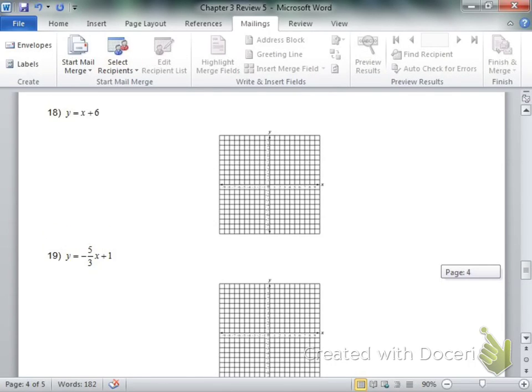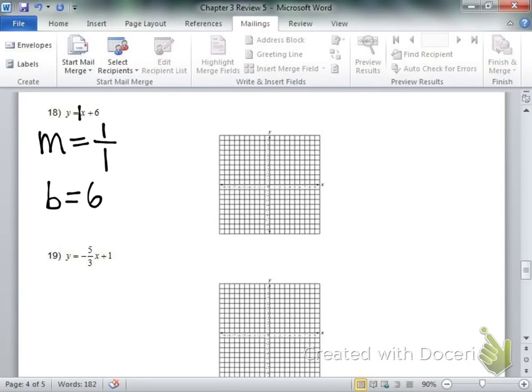There. All right, what is M on number 18? 1 over 1, yes. Anytime you don't see a number in front of the x, it's like having a 1. And anytime you have a whole number that you want to write as a fraction, you put it on top of a 1. So 1 over 1, b is 6. So what am I going to do first?